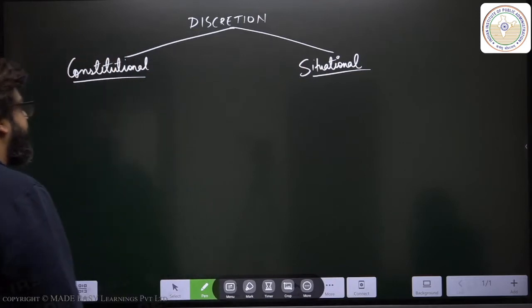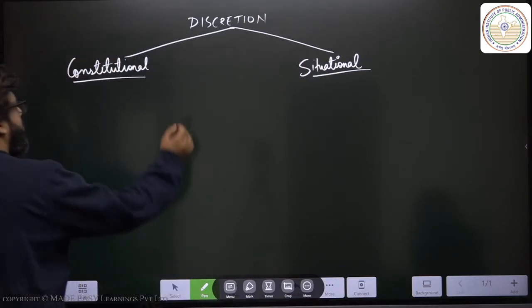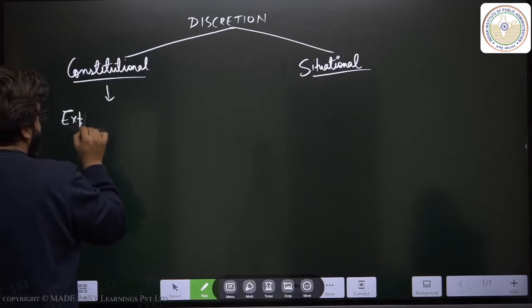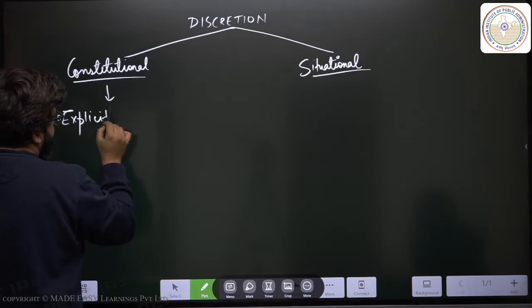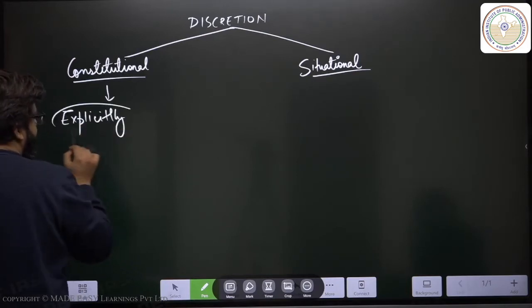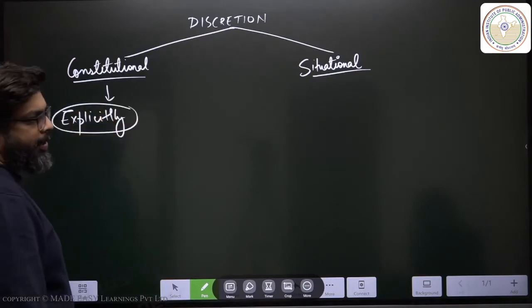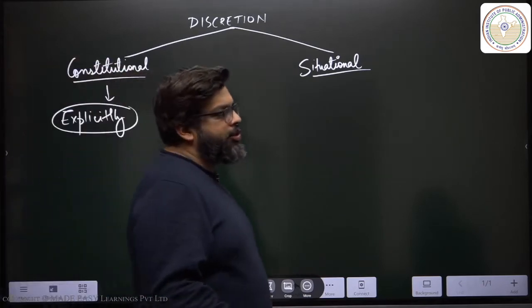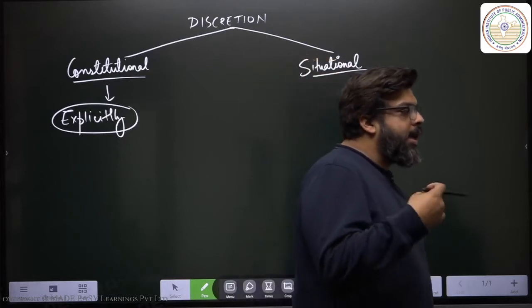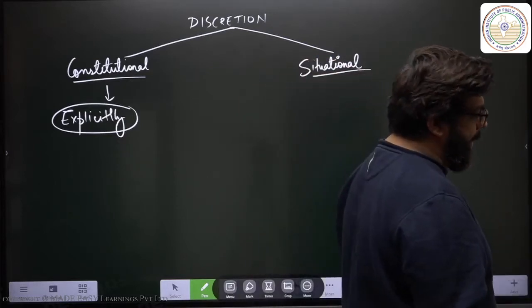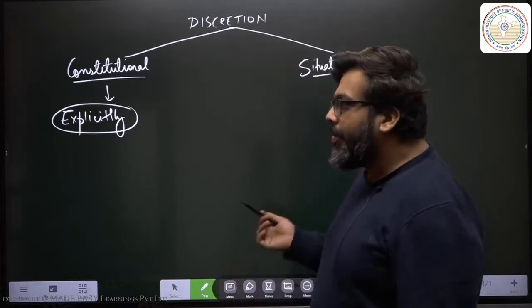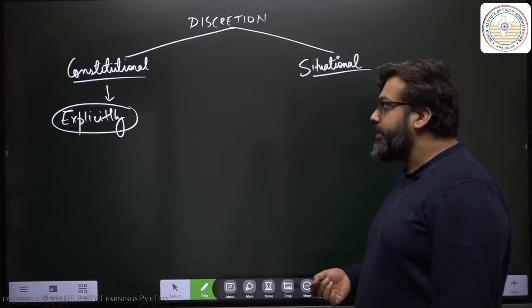Now, what is the difference? Let's understand this. A constitutional discretion is explicitly mentioned in the Constitution, that by XYZ provision of the Constitution, you are allowed to act in your own capacity. You don't have to consult your respective council of ministers.